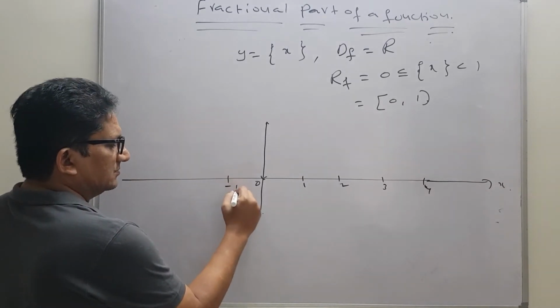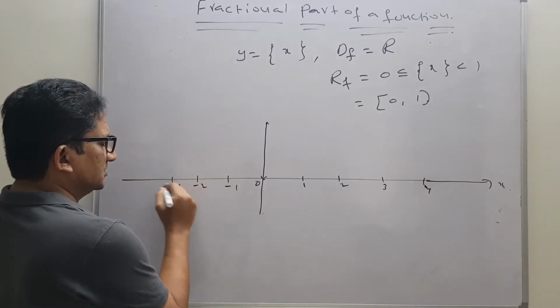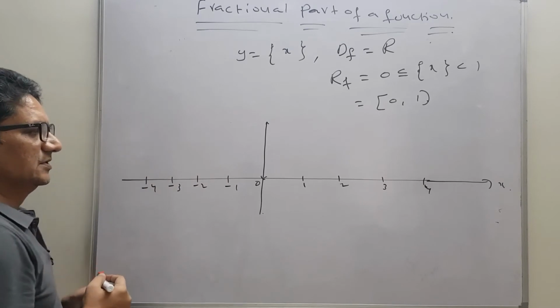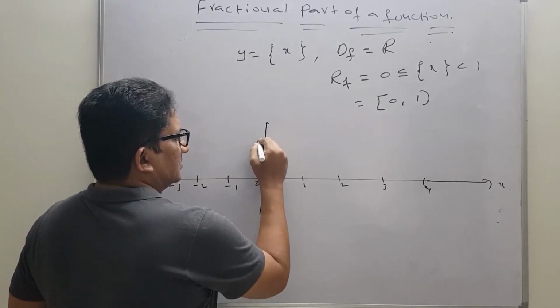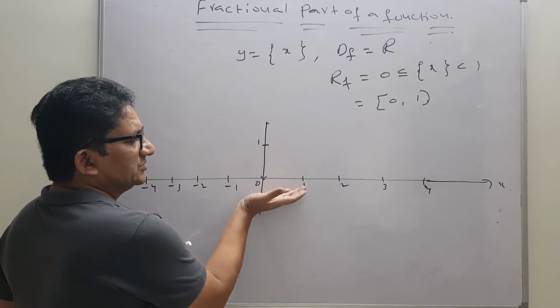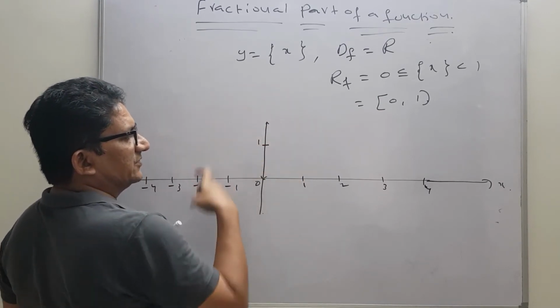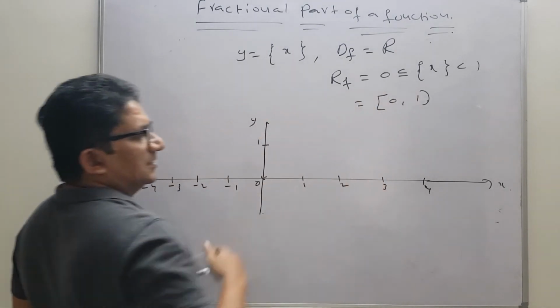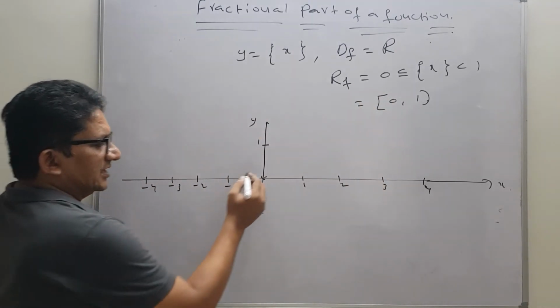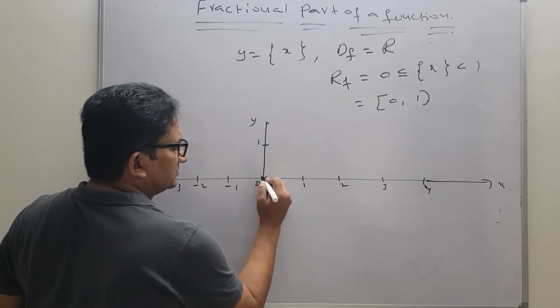On the other side, minus 1, minus 2, minus 3, minus 4 and so on. Now clearly here we can keep a line at 1, because the output always stays on the y-axis, between 0 and 1.